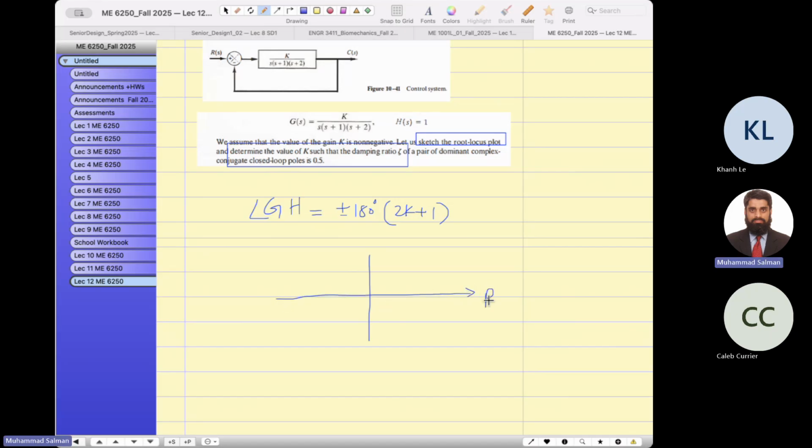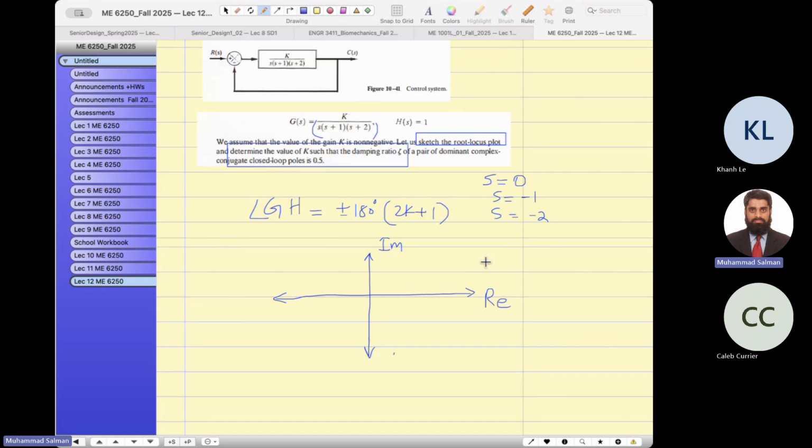The real axis is the x-axis and the imaginary axis is the y-axis. And then I will plot these poles, the denominator. So where are the poles located? One factor gives s equals 0. From the other factor, s equals -1. The third pole is located at -2 on the real axis.